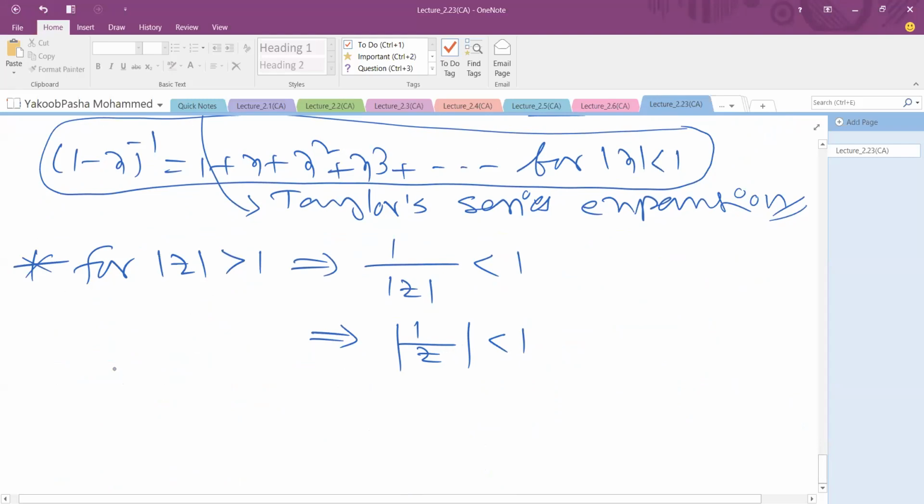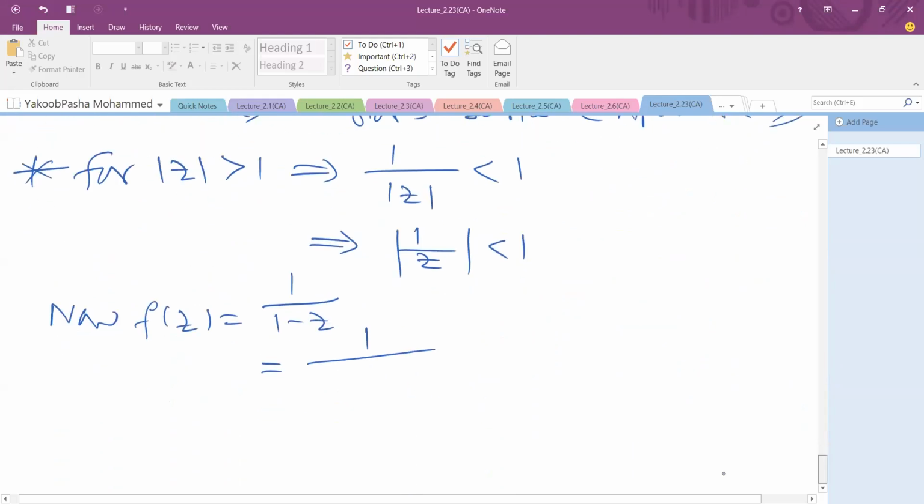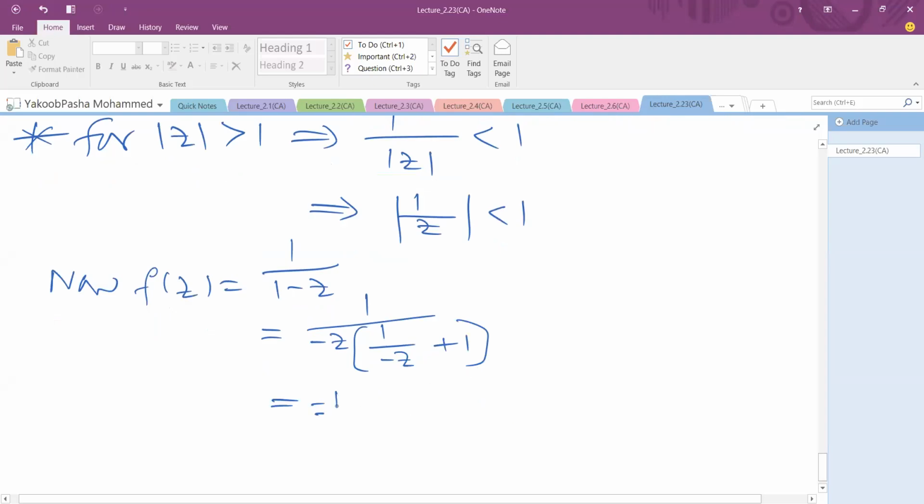So we have to write the function now. F of z is equal to 1 by 1 minus z. We take minus z as common here, so 1 by minus z into 1 minus 1/z whole to the power of minus 1.